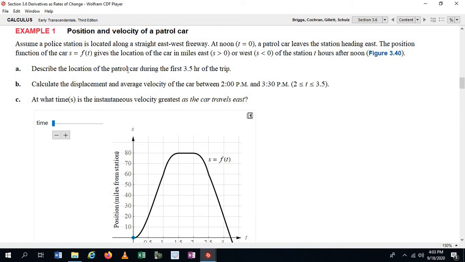The position of the car, s equal to a function of time, that's the position function as a function of time, gives the location of the car in miles, east when the position is greater than 0, or west when the position is less than 0, of the station t hours after noon. And so for part A, we're supposed to describe the location of the patrol car during the first 3.5 hours of the trip.